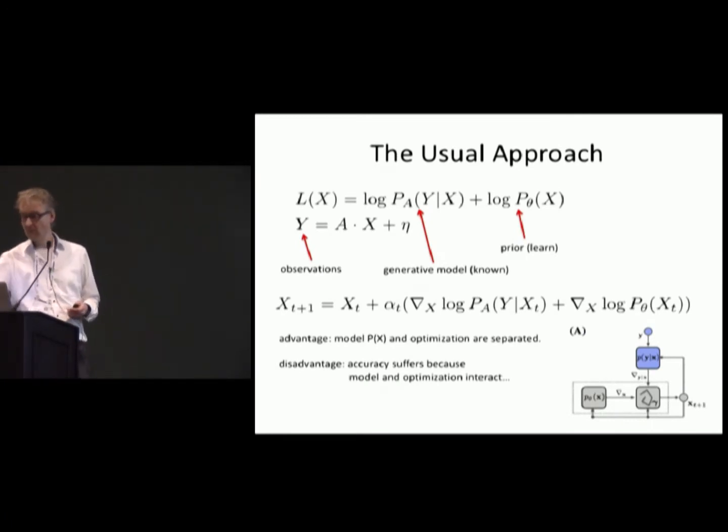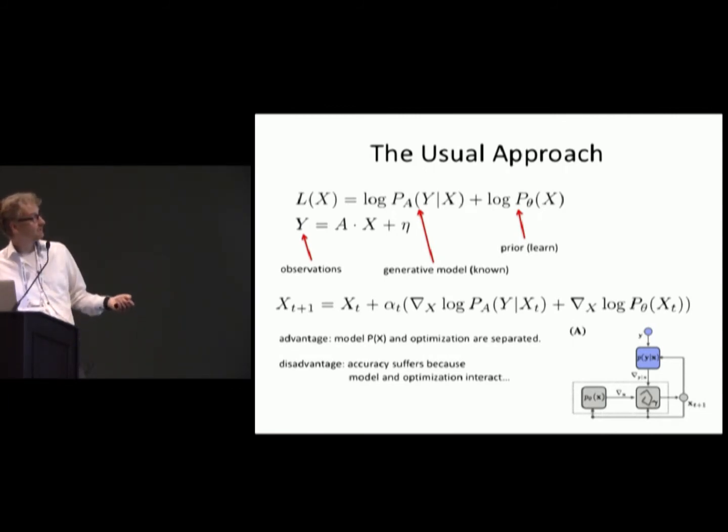Here, I'm going to follow the recipe that I just laid out. First, I'm going to write down the usual approach. I have an observation model: X times some matrix A, typically plus noise, a well-known forward model. Then there is a prior over X, which encodes how likely a particular reconstruction is given the domain.